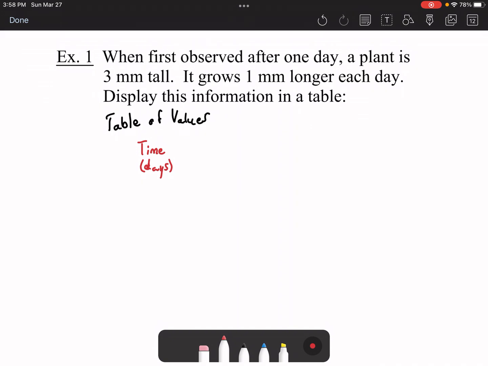The dependent variable depends on how many days have actually passed, which will give us the height of the plant, which is in this case, millimeters. So you start with that information, and then you start with the information that you have, what's being displayed as time goes on, and what the height is.